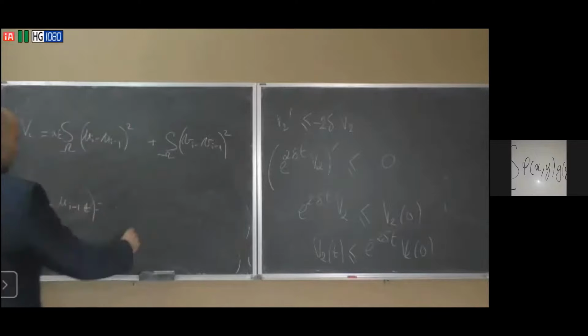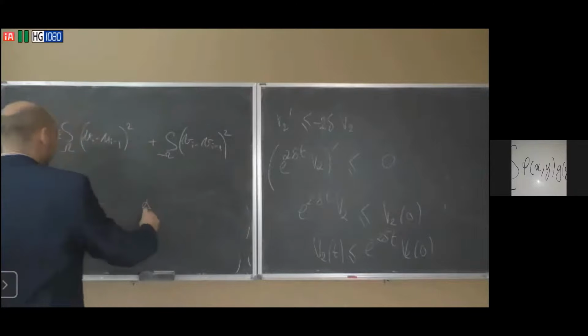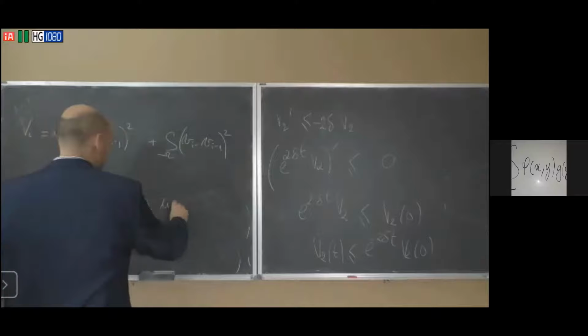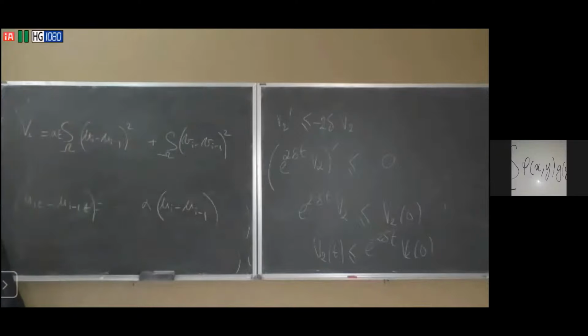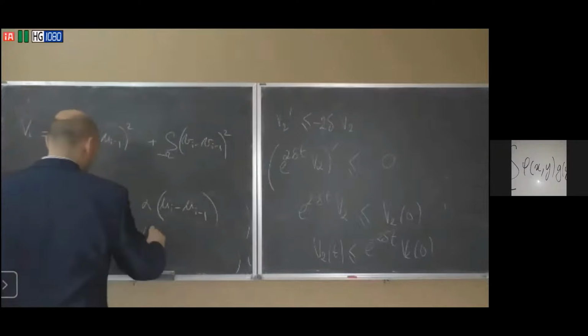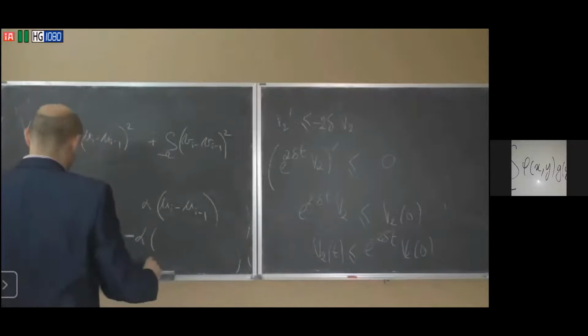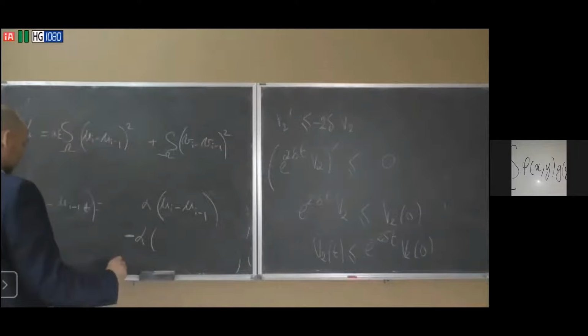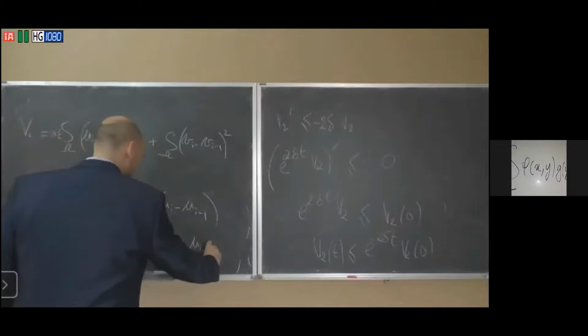I will get alpha minus u minus 1 minus alpha u minus 1 minus u minus 2.